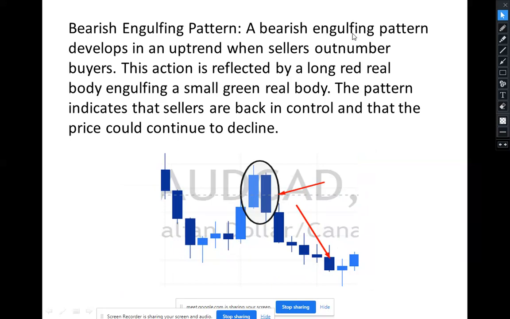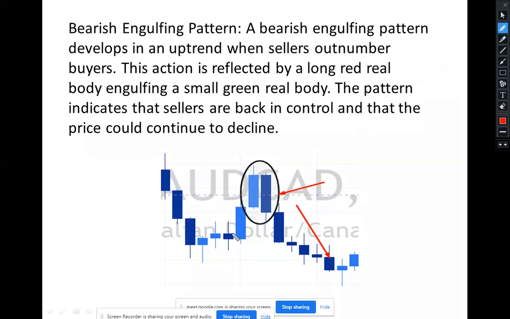A bearish engulfing pattern develops in an uptrend when sellers outnumber buyers. This action is reflected by a long red real body engulfing a small green real body. The pattern indicates that sellers are back in control.